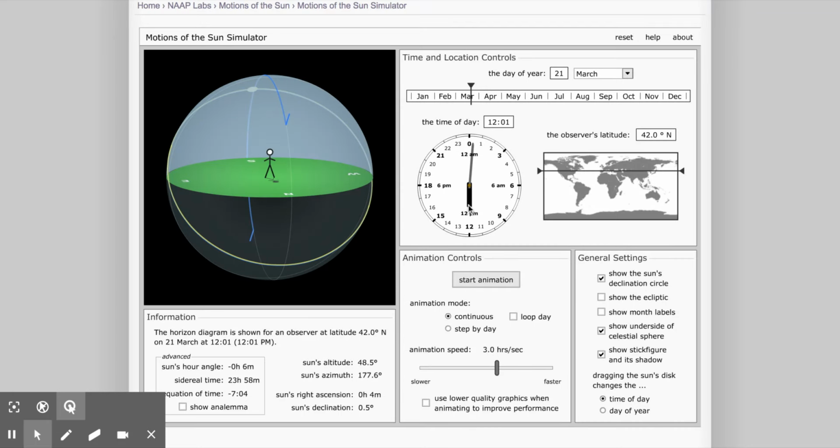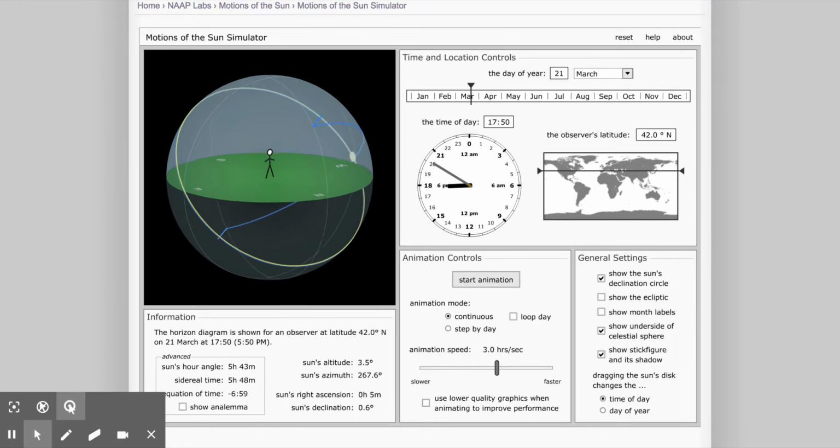We're going to forward the time another few hours. Keep moving forward, and notice the angle of the sun started to decline again and is now dropping into the west. Here's the sun dropping into the west. It is 5:50 p.m. there, if you don't know military time. If we keep forwarding this a little bit more, it's getting darker.